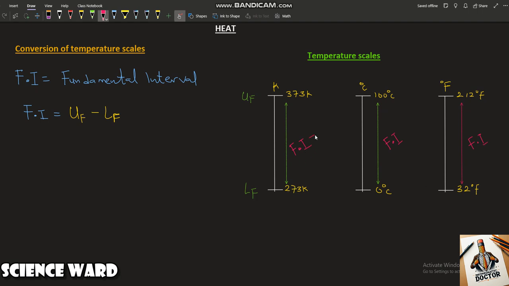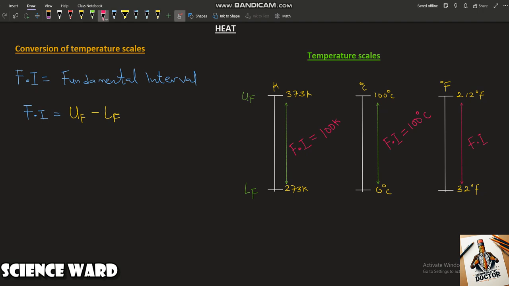In this case, the fundamental interval is 373 minus 273. You can see the formula, UF minus LF, upper fixed point minus lower fixed point. That will be 373 minus 273, and if you carry out that subtraction, you get 100 Kelvin. For Celsius, the upper fixed point minus the lower fixed point gives 100 degrees Celsius.